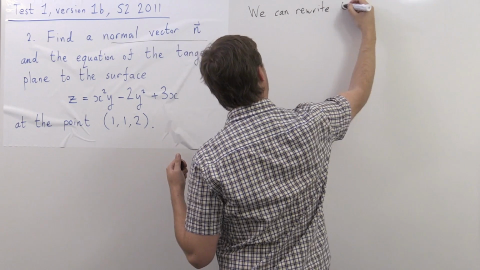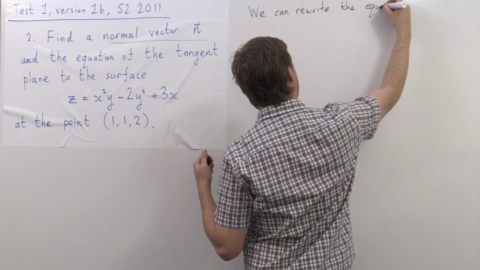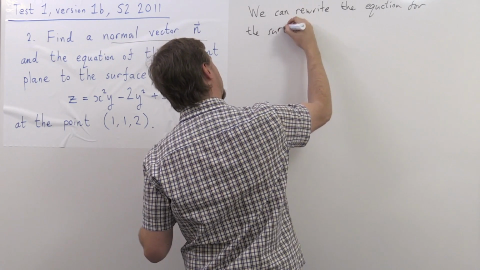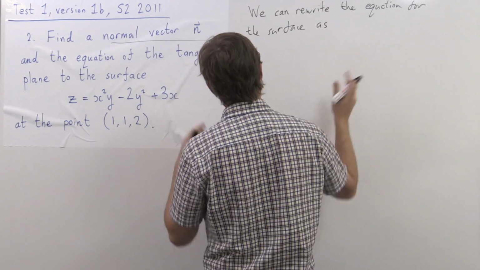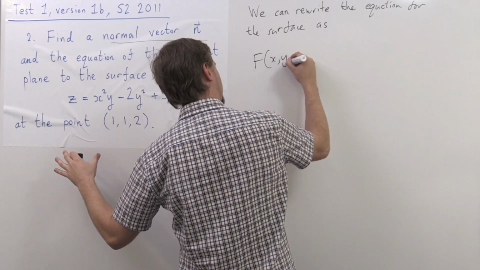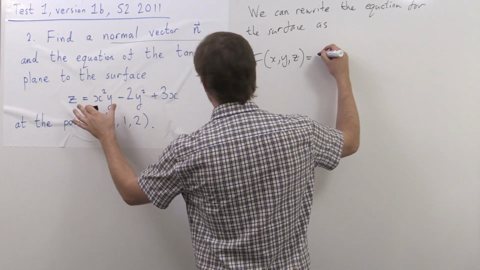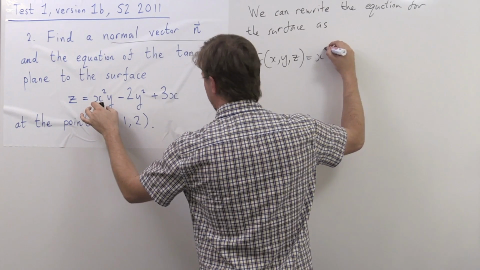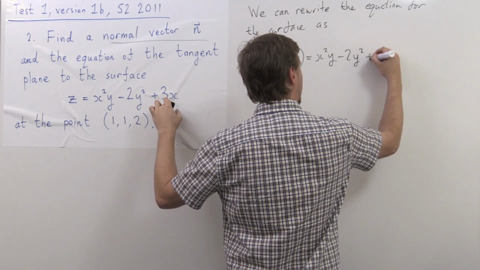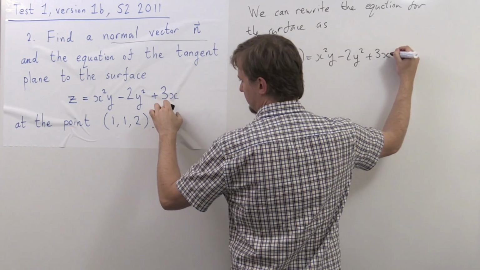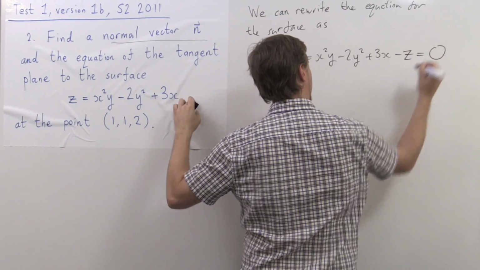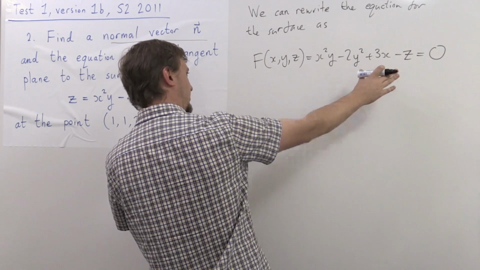I just need to set something up: we can rewrite the equation for the surface as a certain function of x, y, z, in this case x squared y minus 2y squared plus 3x, and bring this term onto this side to get minus z is equal to 0. So this function equal to 0 defines my surface.